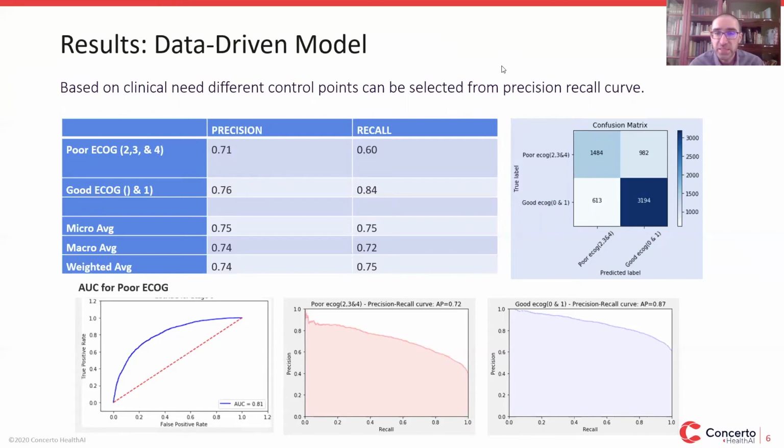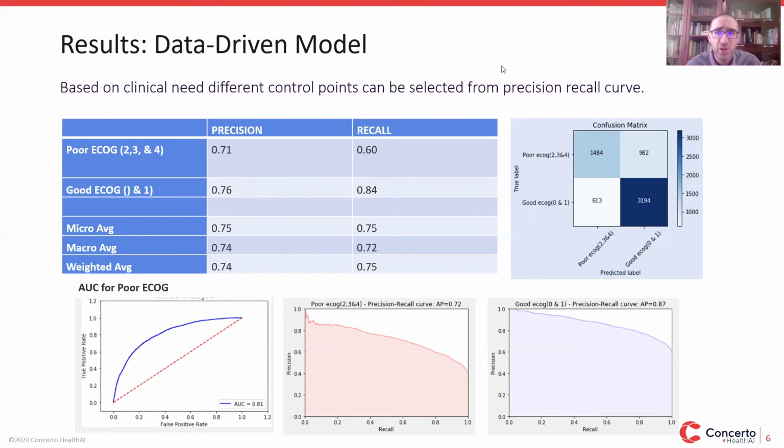So that suggests that for the problem of deciding which patients have a good ECOG, the model has some very nice characteristics. One thing that can also be done is selecting different control points on these precision recall curves, depending on the trade-off that you might want to make between precision and recall, depending on the problem you care about.